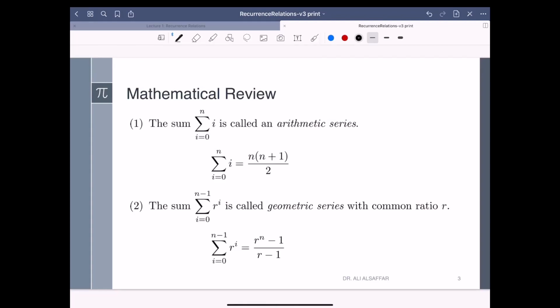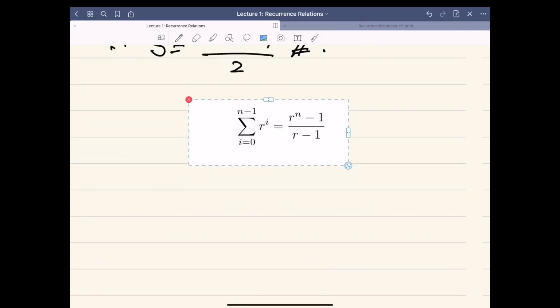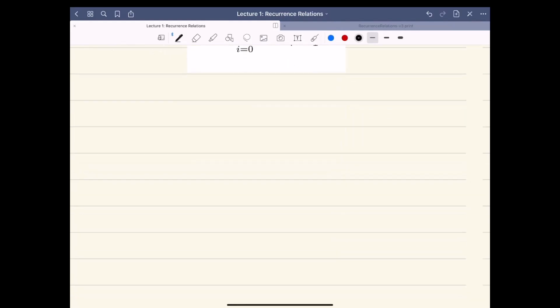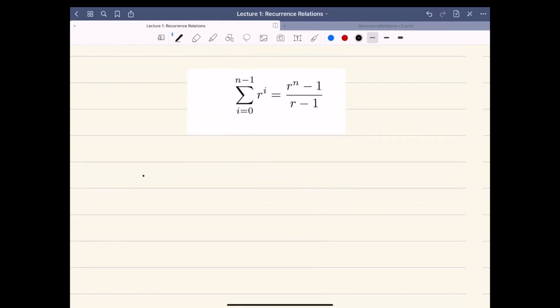For the other sequence, first we need to expand it so that we can understand how it looks. So S is equal to, when i is 0, r raised to power 0 is 1.